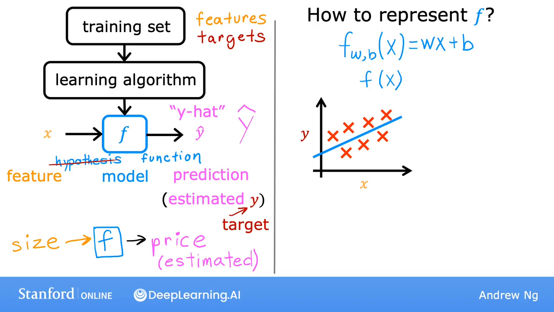This straight line is the linear function f_w,b of x equals w times x plus b. Or more simply, we can drop w and b and just write f of x equals wx plus b. Here's what this function is doing. It's making predictions for the value of y using a straight line function of x.